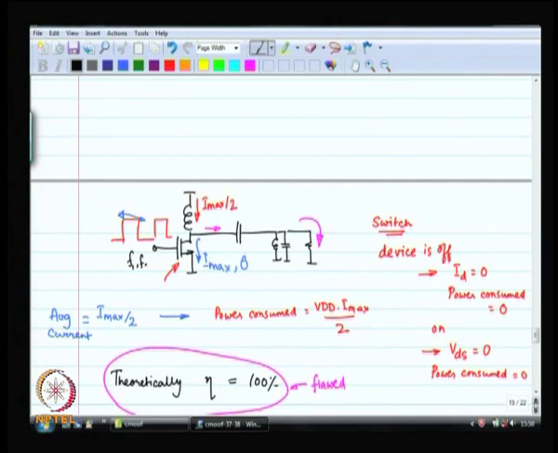So, if my input is cosine f1 plus cosine f2, the output, because of a third order nonlinearity, is going to have 2 f1 minus f2, it is also going to have 2 f2 minus f1, and of course, it will have f1 and f2. Now, f1 and f2 are desired signals, but 2 f1 minus f2 is very close to f1.